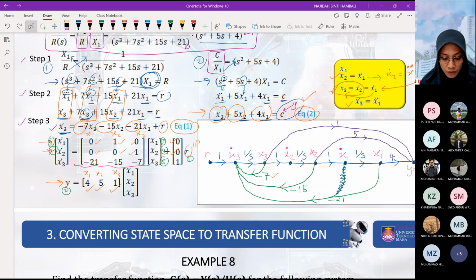Okay, so negative 7X3 you dah letak, and then kita ada negative 15X2. So connect between X3 dot and X2, you letak dia punya gain negative 15, and the last one is negative 21X1. Sebab tu yang ni salah. Okay, so saya dah betulkan, sambung, please connect between X1 and X3 dot, and the gain is negative 21.